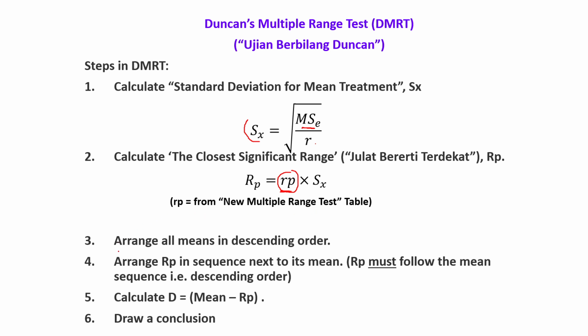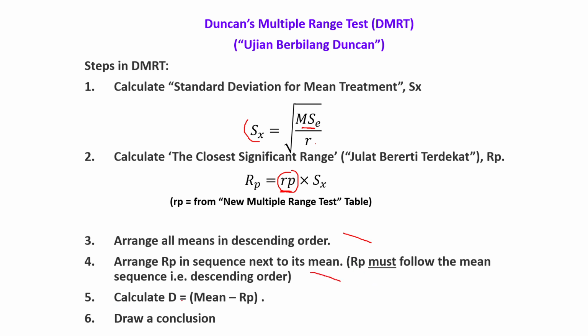And after that, arrange all the means that you have calculated for your treatment groups in descending order. Descending order means from the largest number to the smallest number. And arrange all your Rp in sequence next to its means, also in descending order from largest number to the smallest number.